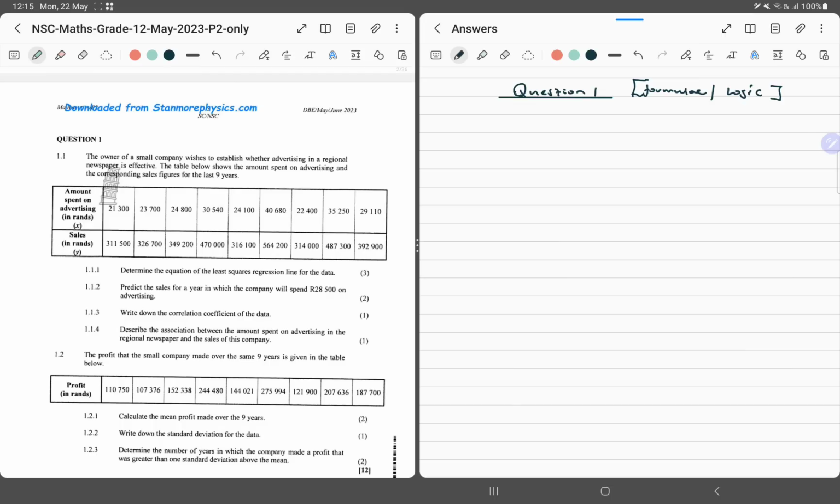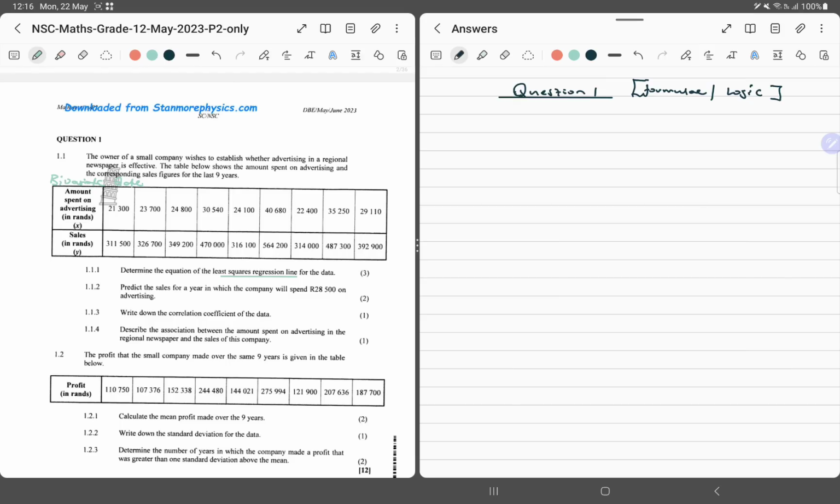Now we're told to determine the equation of the least squares regression line. Of course, here we've got what we call bivariate data, meaning there are 2 variables, x and y. Not a problem. Here we just put things into the calculator, straightforward.